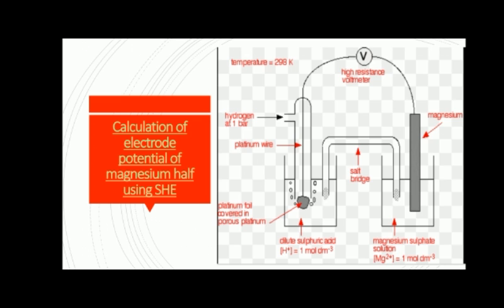And this is the setup, children, where you are seeing how the two halves are connected with each other using an insulated conductor wire, where the SHE or hydrogen electrode is considered as the standard. This way we can calculate the electrode potential of the other half using the same formula you have studied in the previous slide, that is E0 cell is equal to E0 cathode minus E0 anode.